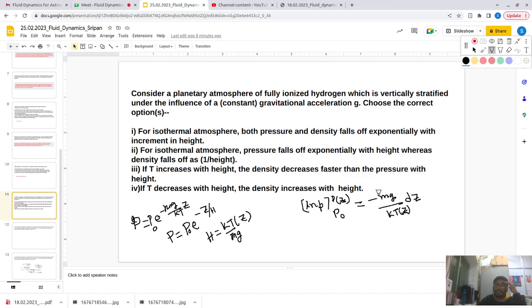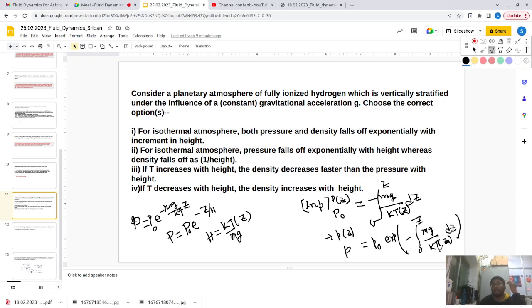So p(z) is p naught exponential of minus the integral from 0 to z of mg by kT(z) dz. Okay, so this is your more general equation.